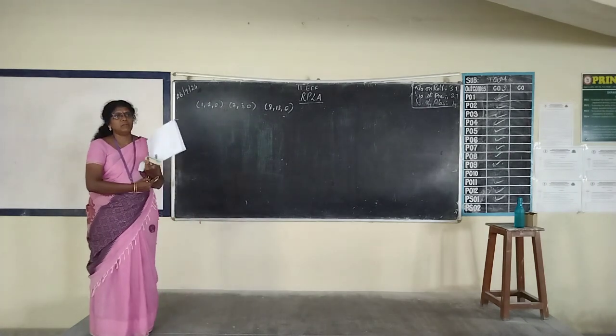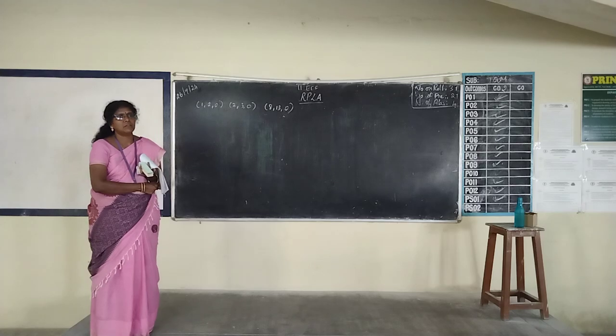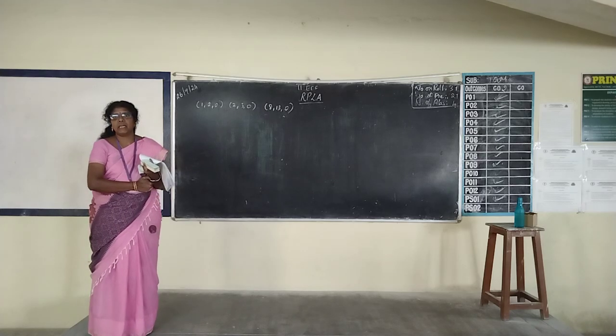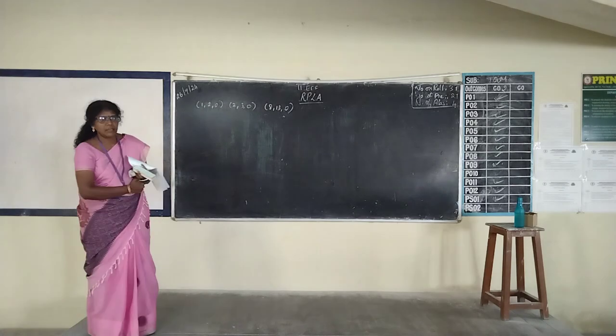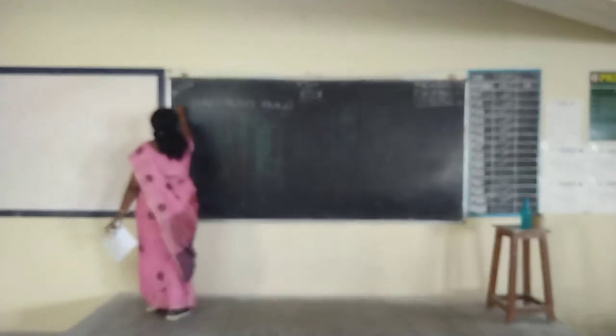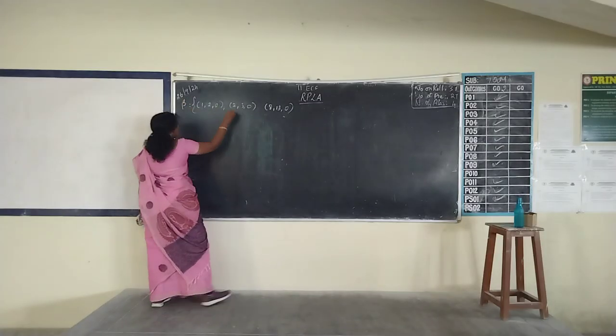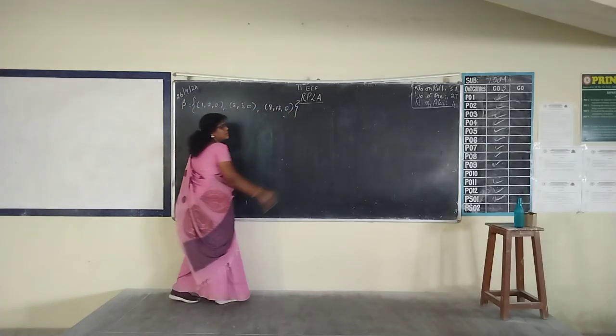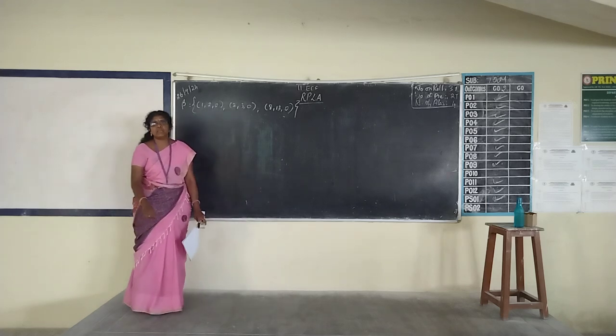Okay, tell me, what is the first step you will write? Assume the given set to be beta. So write: let beta equal to the given set. Define the given set of elements as beta.